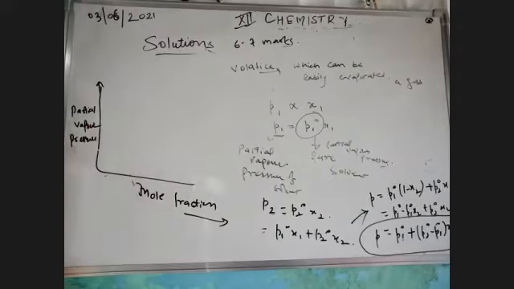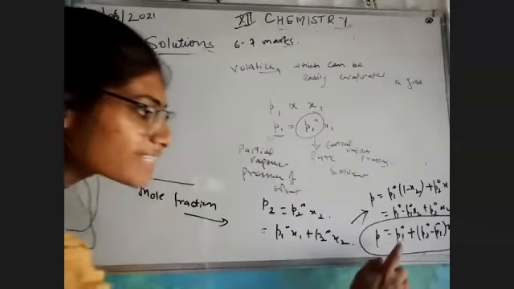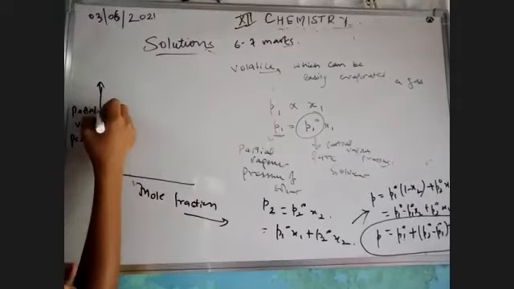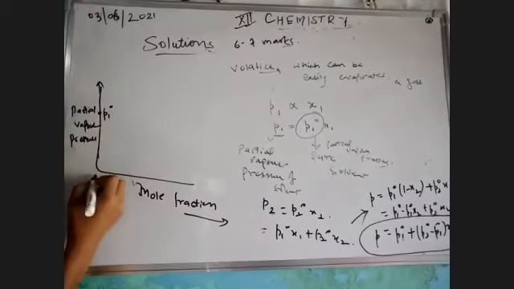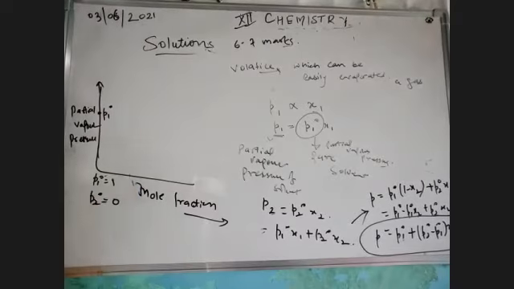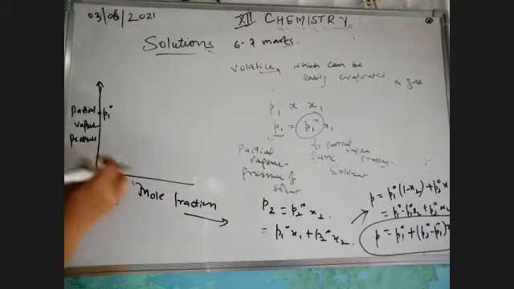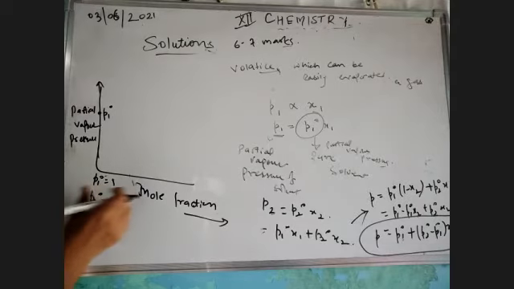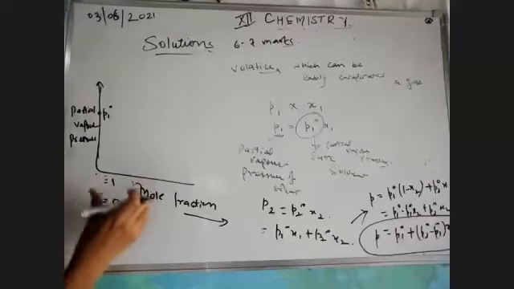Now, whenever we have a graph, we have a relation between the two, the partial vapor pressure and the mole fraction. We know very well that we have two components, P1 naught and P2 naught. Suppose on the y-axis there is P1 naught. If the mole fraction x1 equals 1, suppose, then x2 is equal to 0, because at one axis we have the possibility of only one component. You have also studied this in mathematics. Sorry, not P1 naught, the mole fraction. P1 naught could not be equal to 1.